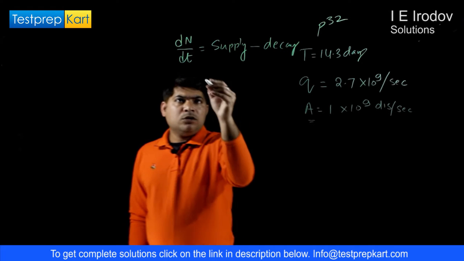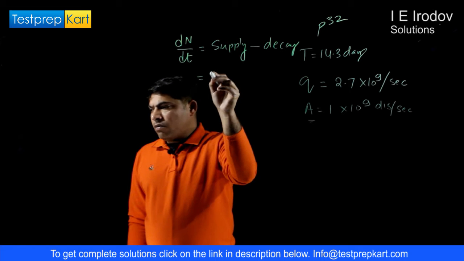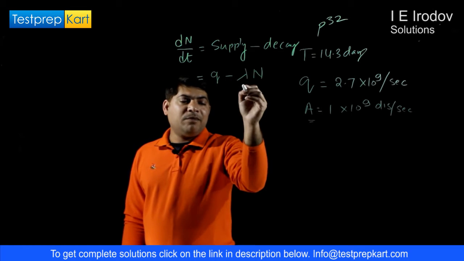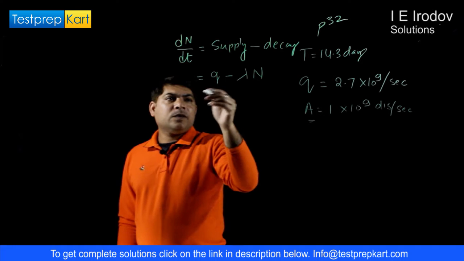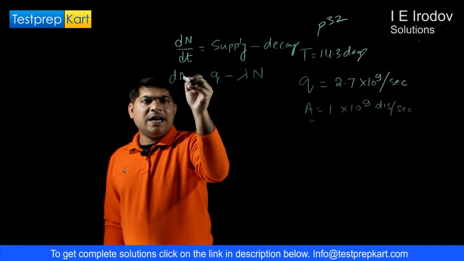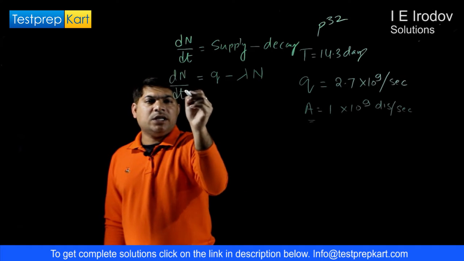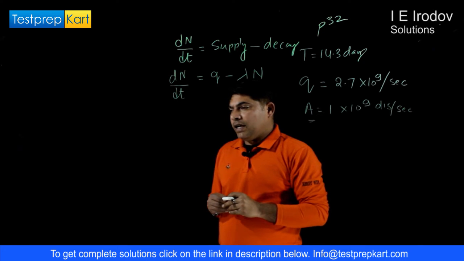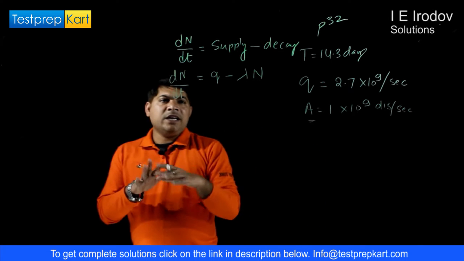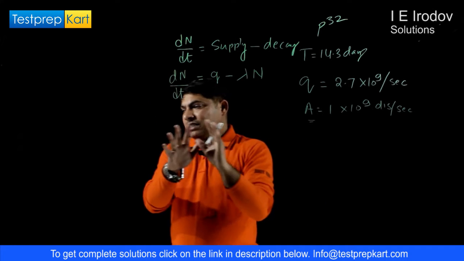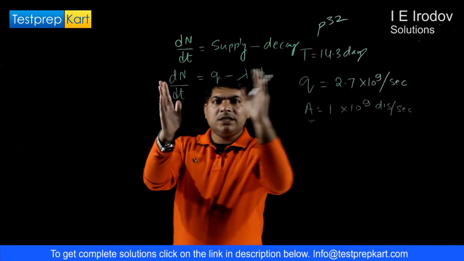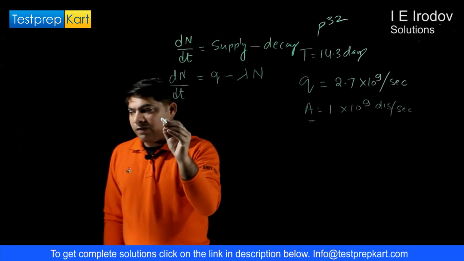The supply rate is Q and the decay rate is lambda times N, where lambda is the decay constant. So we can write dN/dt = Q − λN. Here we can use our mathematical skill by multiplying this entire equation by e^(λt), and let's see what we get.